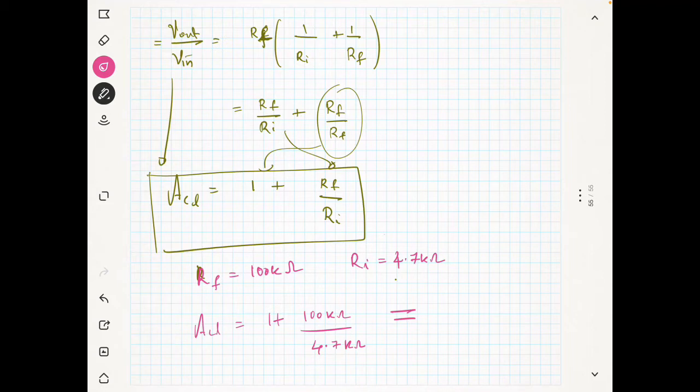So the answer is 22.3. Okay, so this is the gain of this particular op amp.